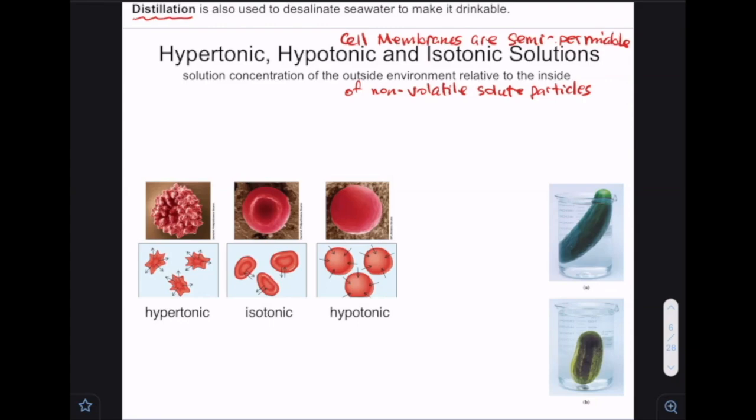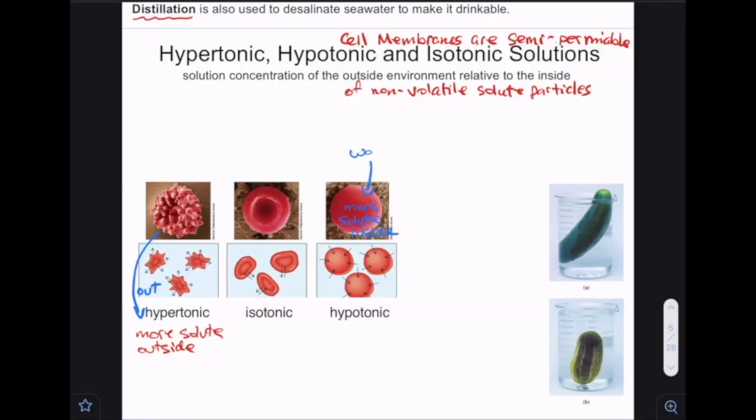So if you're hypertonic, that means you have more solute particles outside. So water is going to flow out to the area of higher solute concentration. And what that does is it kind of shrinks up the cells. On the right-hand side, it's hypotonic. That means you have more solute inside.